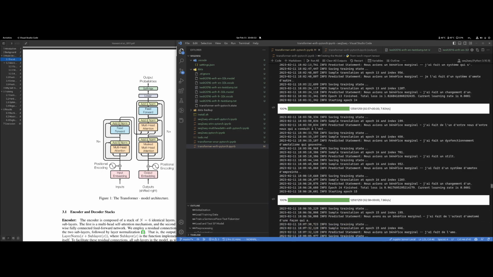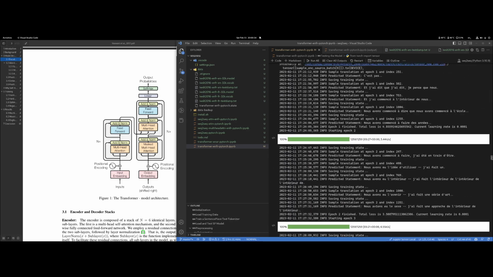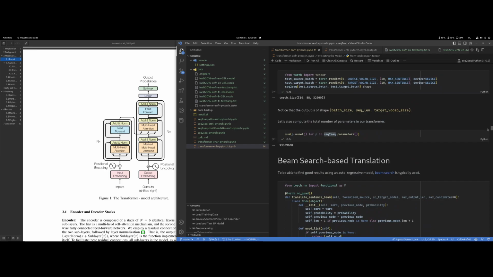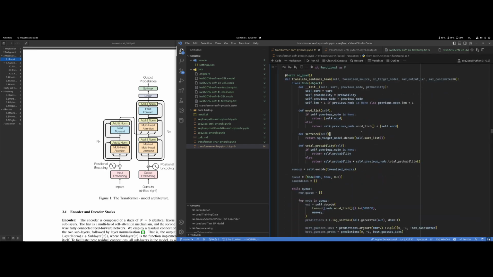I want to go back to a couple of points that I skipped over, and one of them in particular is the beam search. The idea of the decoder is that it works progressively. You give it the beginning, and it gives you the next token, and then you give it the beginning of the statement plus the next token and it gives you the third, and so on.